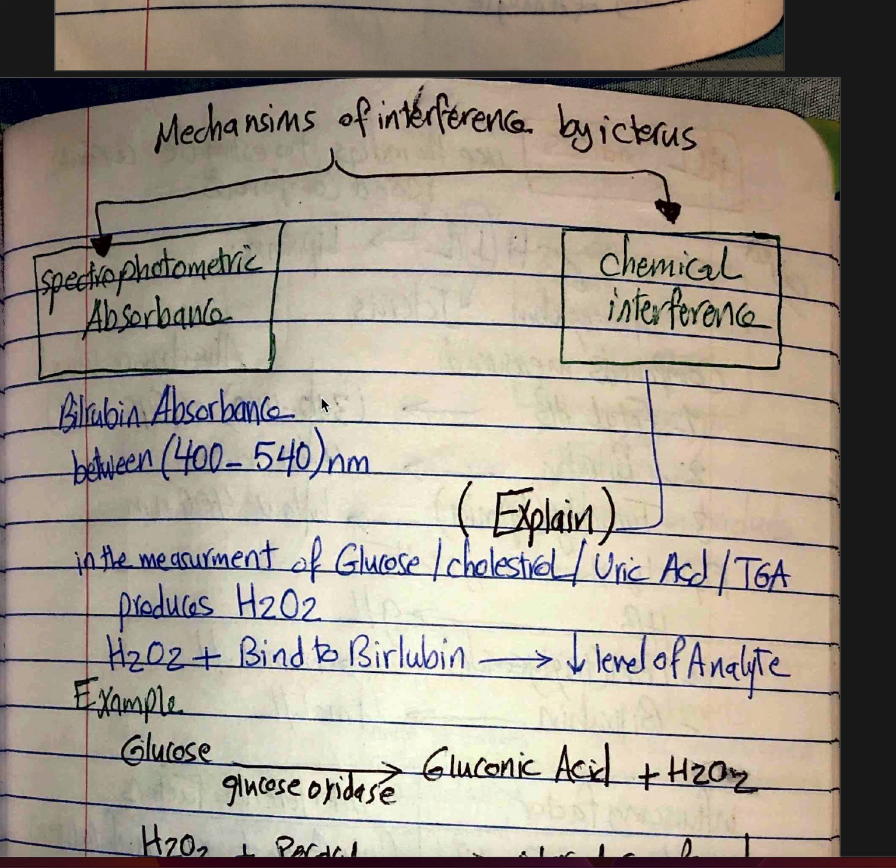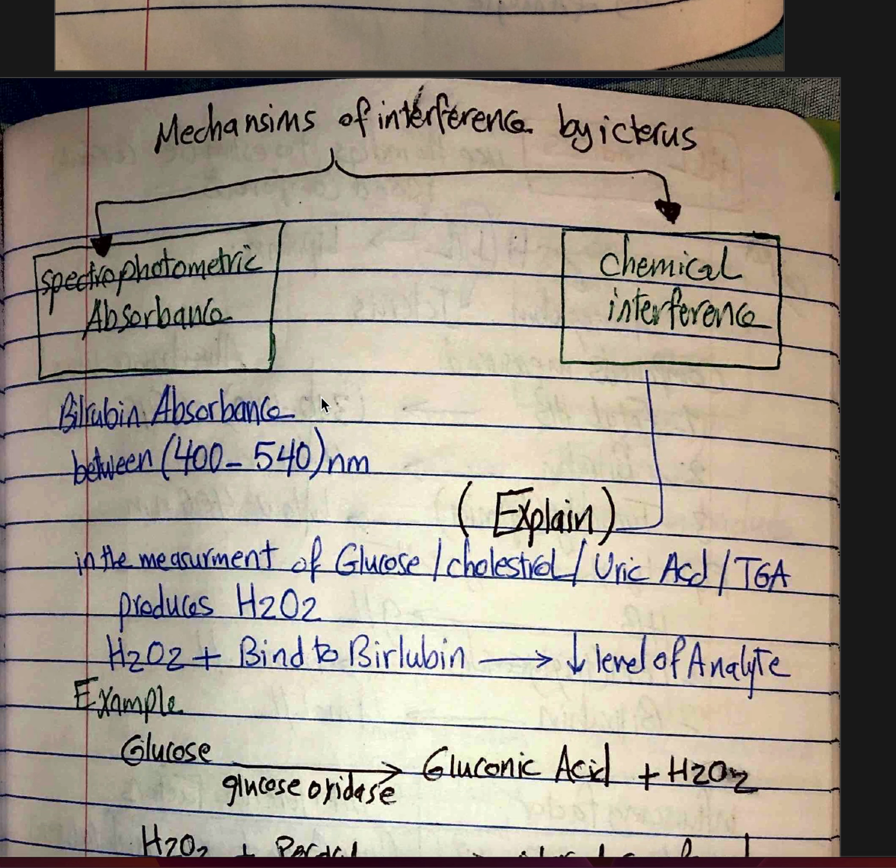So any analyte measured in this range will be interfered with by the presence of bilirubin. This is spectrophotometric interference, because bilirubin absorbs light between 400 and 540 nanometers.